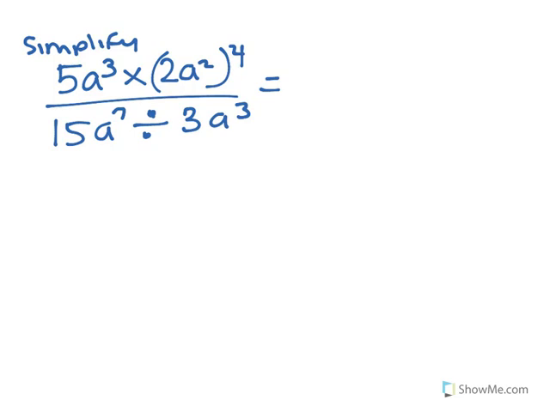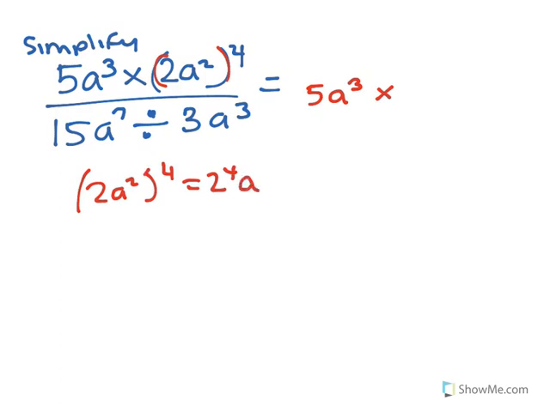First of all, you have 5a3. Now, if you get rid of this bracket here, if you're doing it the quick way, that's 2 to the power of 4, a to the power of 2 times 4, which is 8. 2 to the 4 is 16, a to the 8. 2 times 4 is 8, so it's 16a to the 8.